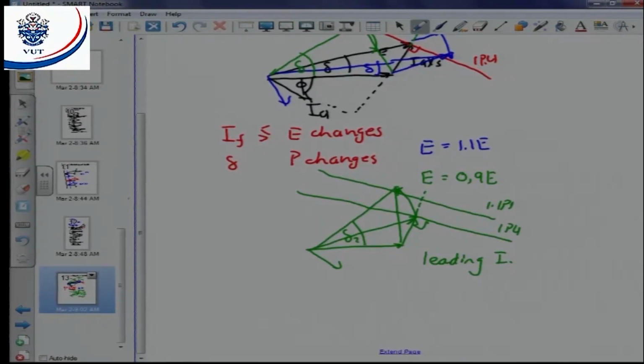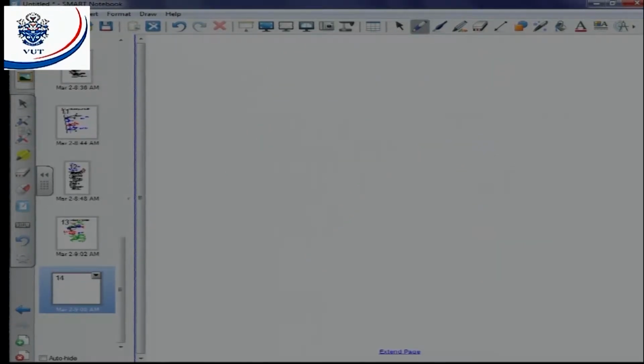Now let's just have a look at an example. These problems will always be solved to scale. So you must choose an appropriate scale and then start the problem. So the first step will be to calculate our induced EMF.